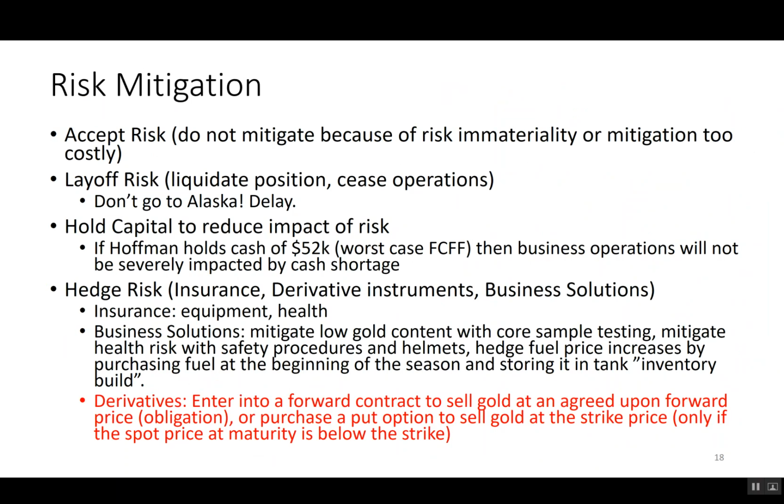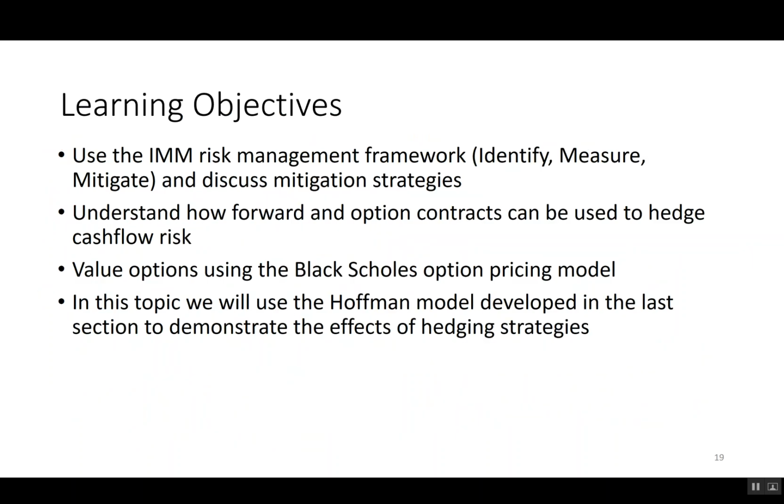So again, risk mitigation. Once you've identified your exposures and measured them, you can decide to accept them, lay them off, hold capital, hedge using, say, insurance or core samples. But also you have this ability to use financial derivatives, contracts to buy or sell a commodity in the future.